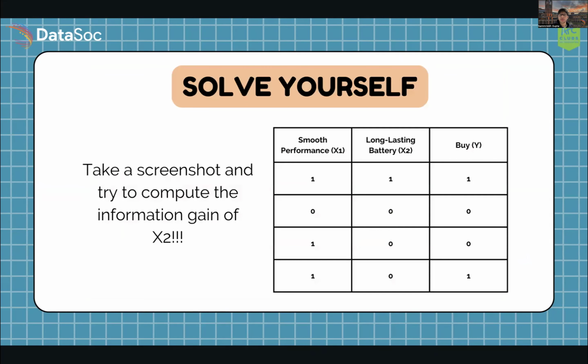So I'll give you a minute if you want to try finding the information gain of x2 in the exact same way we did it for x1. So yeah, I'll wait for about a minute if you want to solve it. Otherwise, I'll move on and show you.